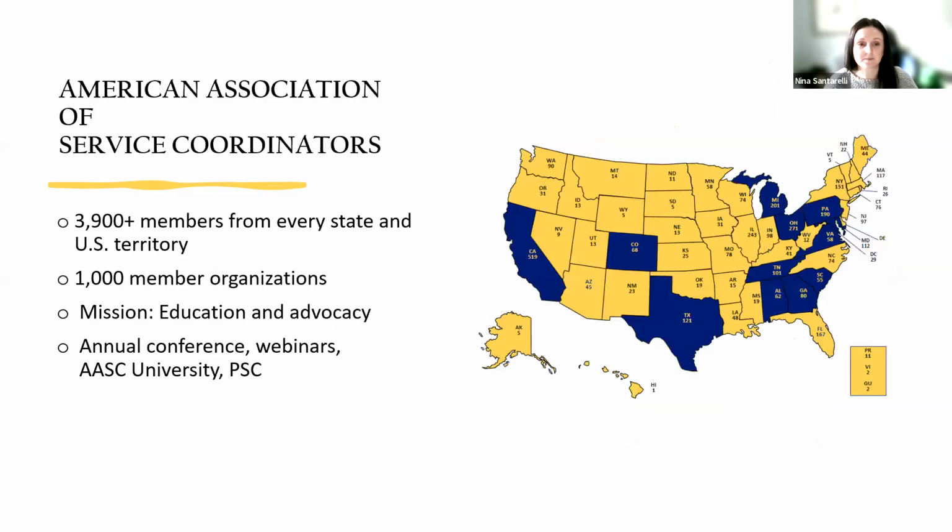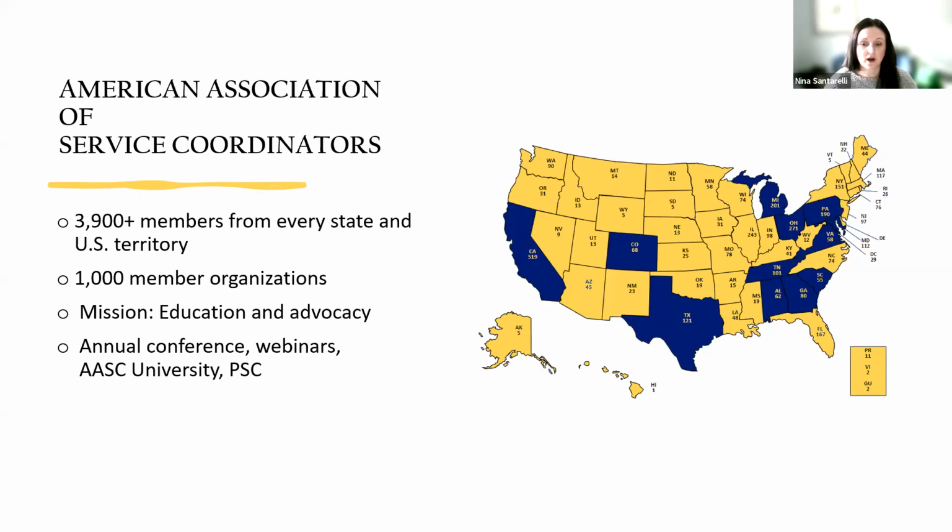So the American Association of Service Coordinators is the national association that essentially provides support to service coordinators that are working primarily in senior housing. We currently have close to 4,000 members across the country. We represent 1,000 member organizations.